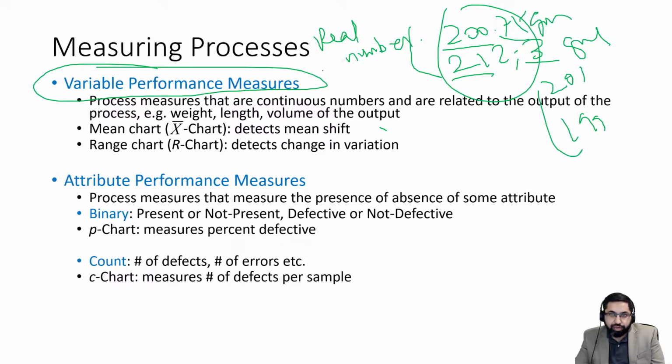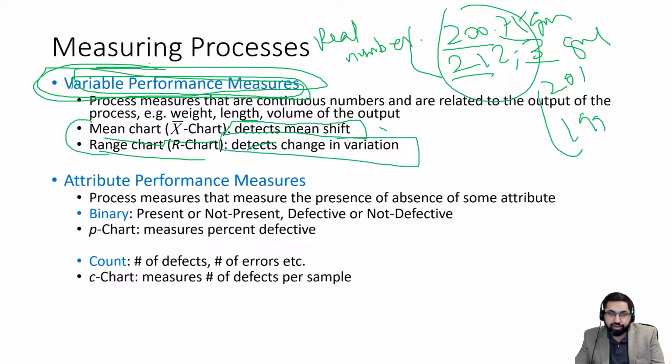When you are measuring a real number, which is also called a variable performance measure, meaning it's not just yes, no, then you have to use what are called two charts together, a mean chart or X bar chart and a range chart or R chart. The mean chart, X bar chart, detects a shift in the mean, and the other one detects a change in variation.